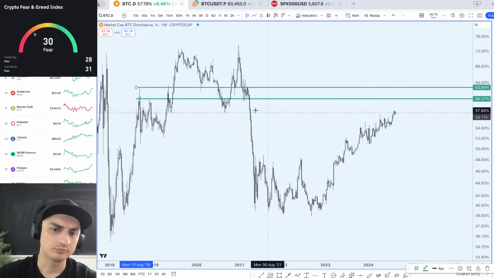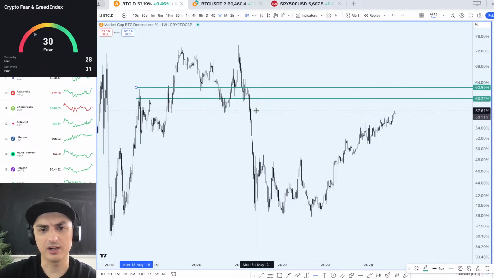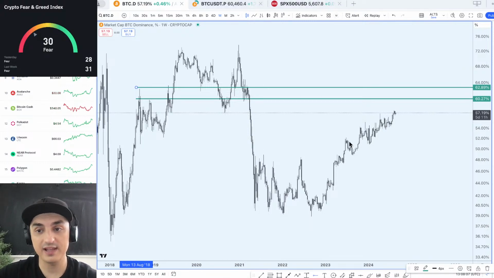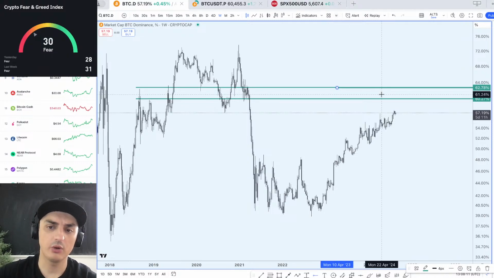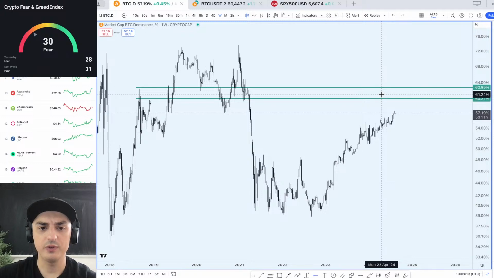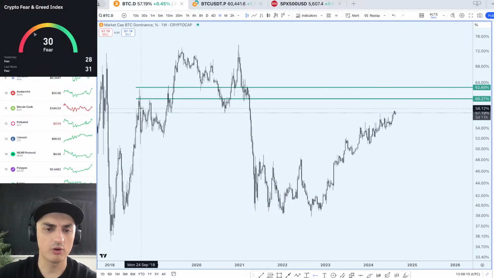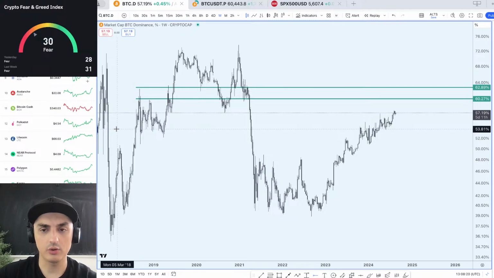So far we are kind of away from these levels, and there is still an opportunity to go there in the nearest future. I'm not quite sure when it's going to go there.